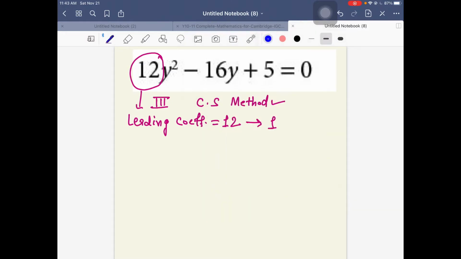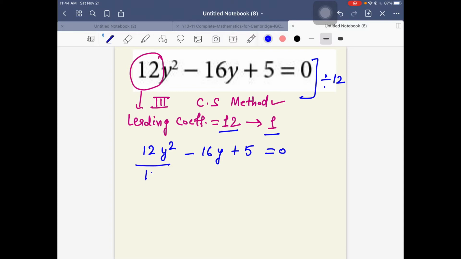Whenever the leading coefficient is not equal to 1, you divide the whole equation by the same number. In this case, the leading coefficient is 12 and we want it to be 1, so we should divide the equation by 12. So 12y squared minus 16y plus 5 is equal to 0, divided by 12.